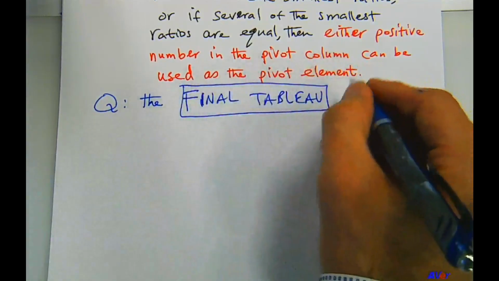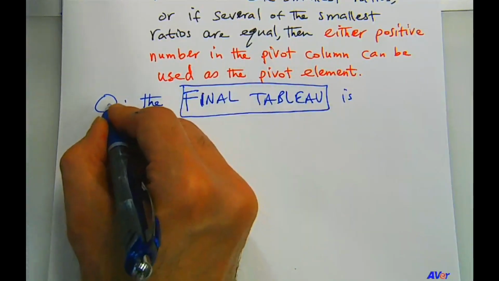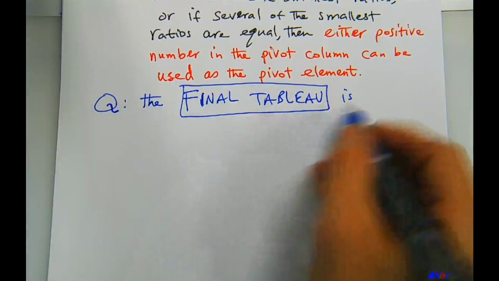The final tableau. So this is a question. This Q means this is a question. The final tableau.